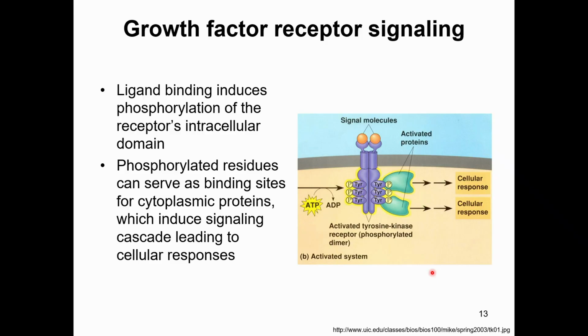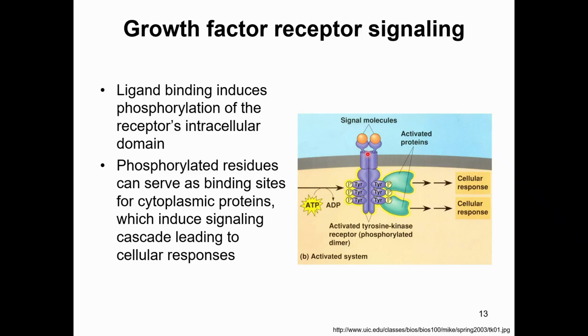But another key feature, once dimerization occurs, the cytoplasmic portion of the growth factor receptor can undergo phosphorylation. So once again, let's just look at the structure of these growth factor receptors. Here's a dimerized growth factor receptor. Each one of these is a protein that has an extracellular face, and this contains the ligand binding pocket.